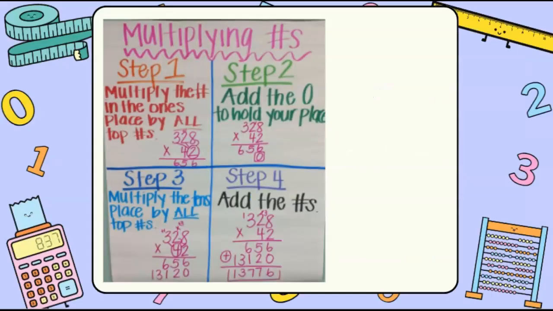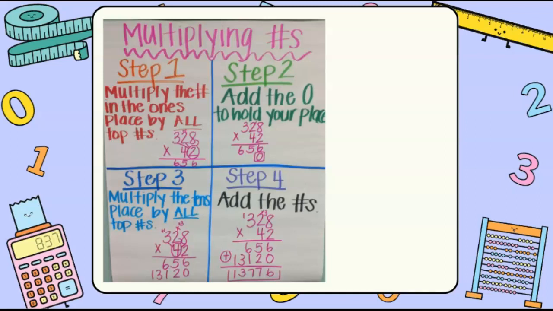Our anchor chart for this topic is going to tell us the steps on how to multiply those multi-digit numbers. The first step we're going to do is multiply from the ones place, multiply all the top numbers. Next, we will continue down a row, add a 0 to hold our place.